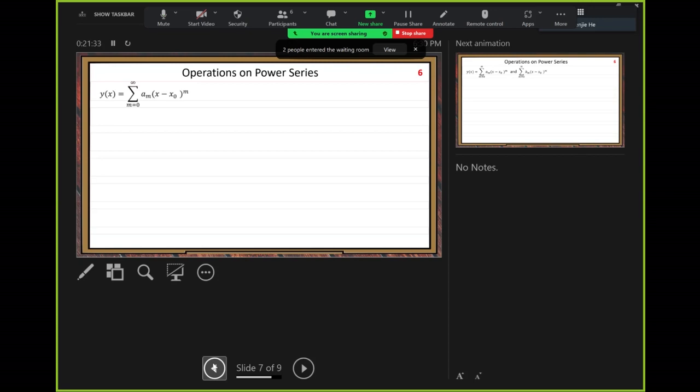Our solution y function takes that power series form, and we need to calculate the coefficients a_n. All real numbers here, no complex numbers.